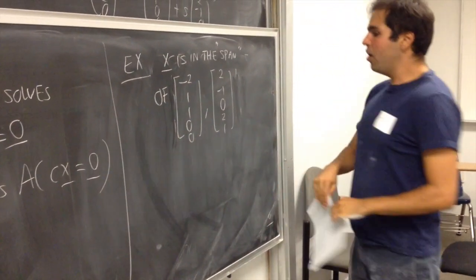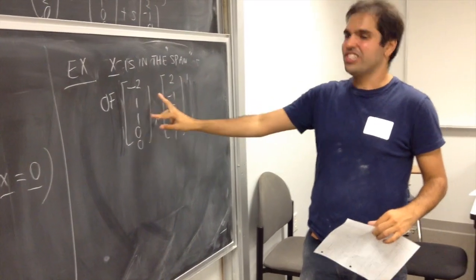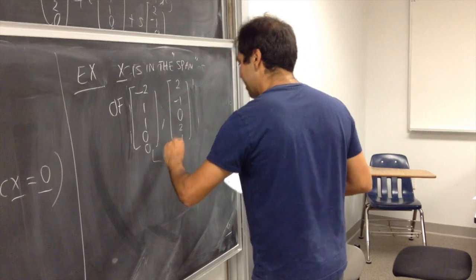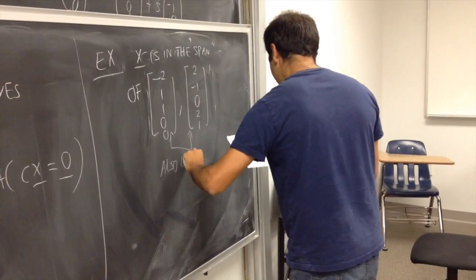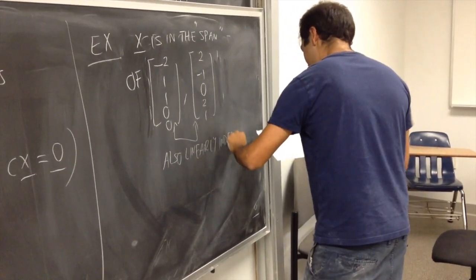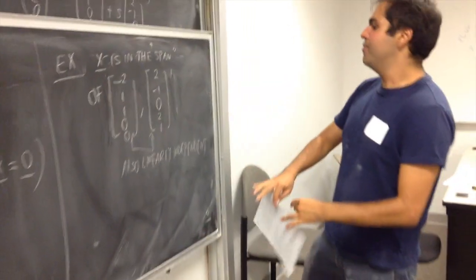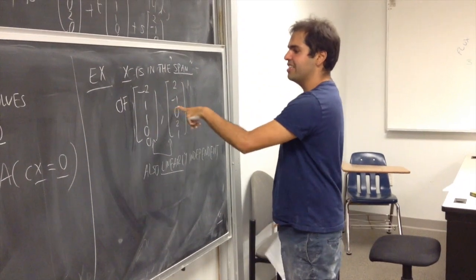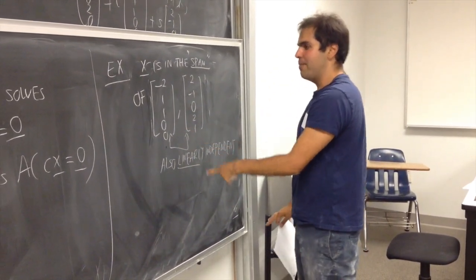Not only that, but also notice those vectors are not multiples of each other. So that's why we also call those linearly independent. So on the one hand, every solution to this equation is in the span of those two vectors, and those two vectors are linearly independent.